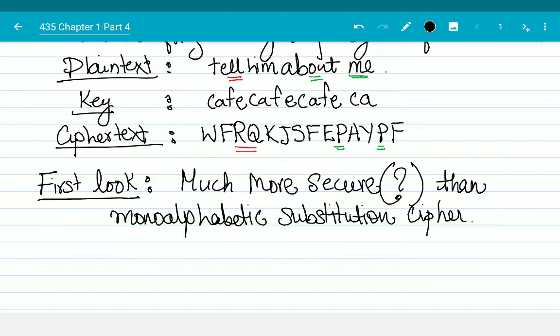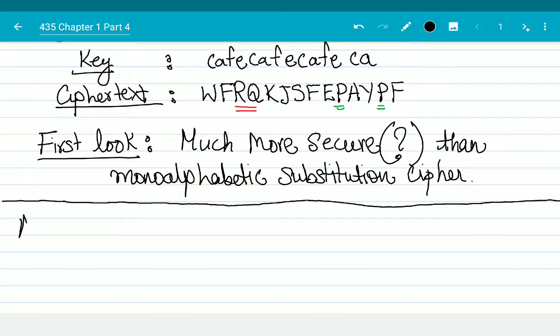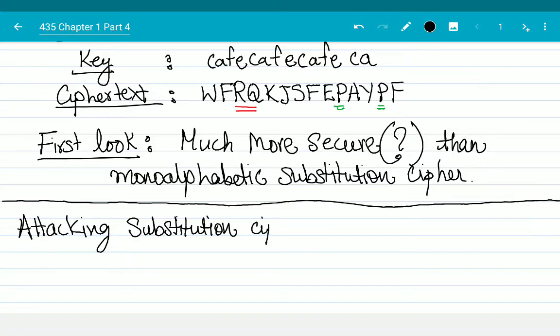And so the question becomes, how do we break the cipher, and how do we attack these things? Attacking substitution ciphers.